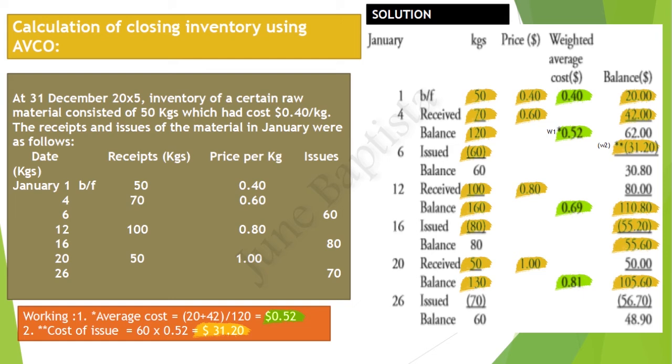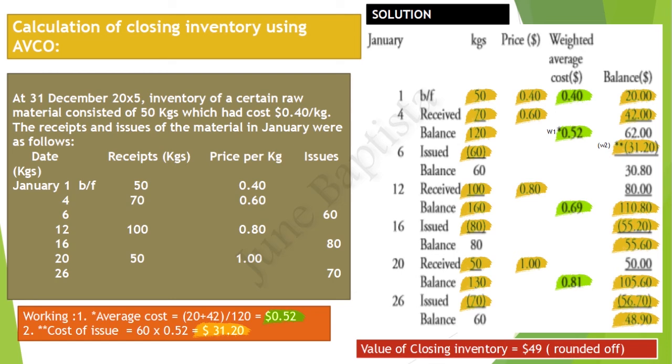On the 26th, 70 kgs were issued at 81 cents. This works out to $56.70. Therefore, the closing inventory at the end of the month was $48.90, which, when rounded off, will give us $49.